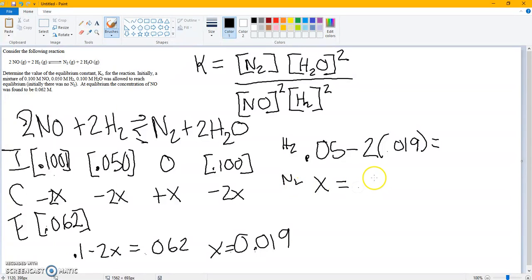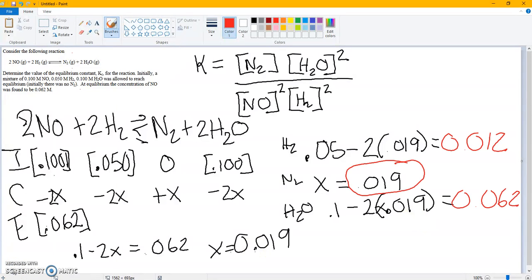So nitrogen is 0.019. And then H2O is going to be 0.1 minus 2x, or 2 times 0.019, and that's going to give me my water.